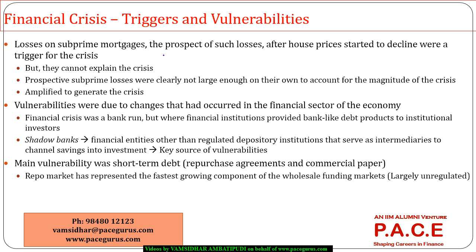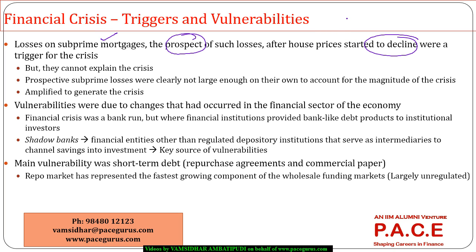Talking about the triggers and vulnerabilities, some of the facts that we are already aware of. Just before the crisis, there were huge losses on subprime mortgages, and those losses, or even the prospect of those kinds of losses, came after housing prices started to decline.